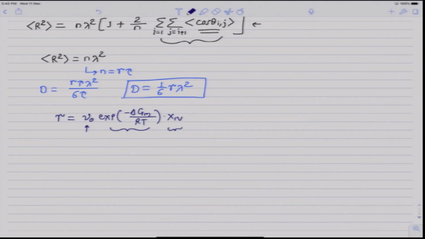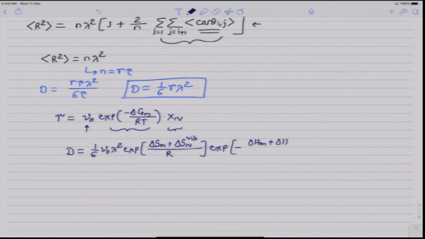So, if we substitute for X1v and then substitute for gamma in D, we get the expression for D as D equal to 1/6 nu0 lambda square, and if we combine the entropic and enthalpic terms together, then we write exponential delta Sm plus delta S1v vibrational divided by R times exponential minus delta Hm plus delta H1v over RT.